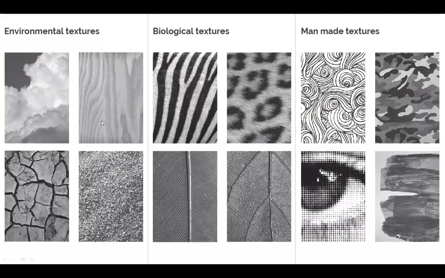When you look at a texture like this one, you should be able to depict that possibly this is a texture coming from wood. When you are able to look at this, you should be able to detect that this could be an image texture coming from the sky, clouds. And then this one, you should be able to detect that possibly this is the soil or sand.